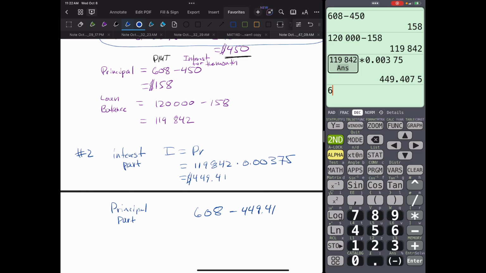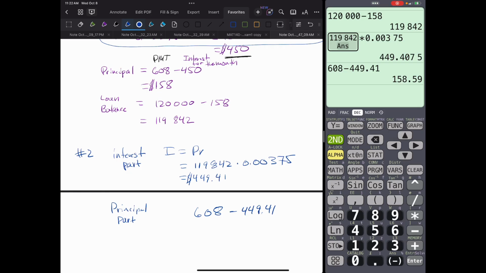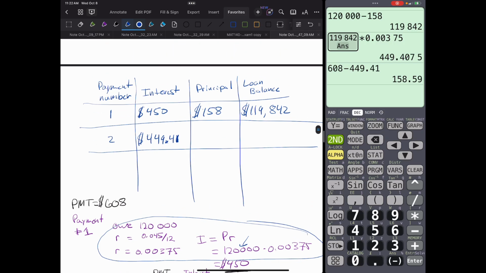And so 608 minus 449.41, and I'm going to get 158.59. So if I go up here, I have 158.59. Make that look like a 59.